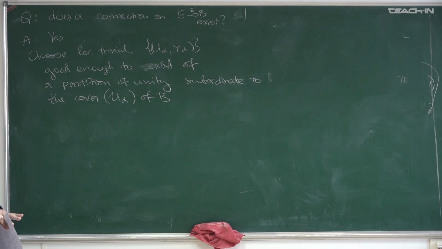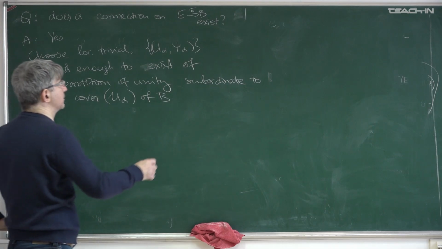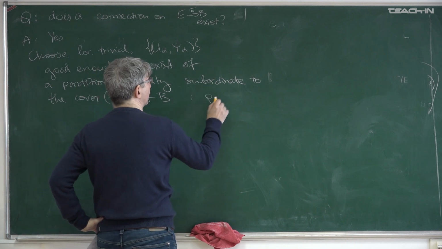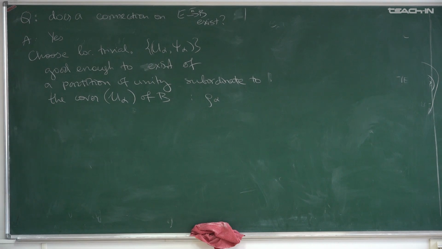You have trivializations and you have a partition of unity. To have the partition of unity, you need this cover to be suitable for that: locally finite, and so on. But it's possible to do that. Notation, rho_alpha. Would you remind me, what is the partition of unity?